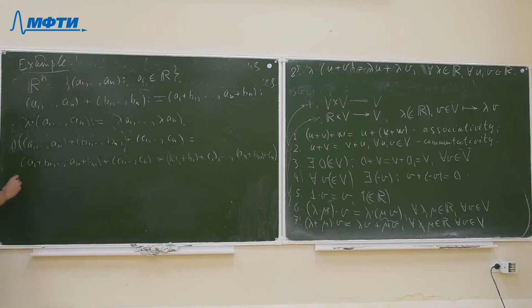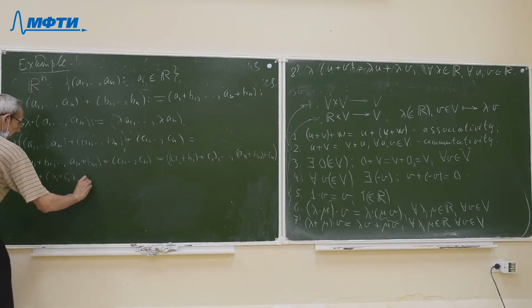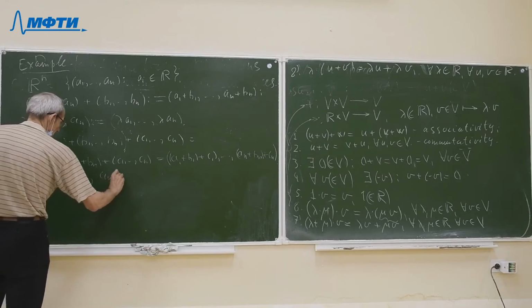And using the associativity of the addition of the real numbers, we obtain that this sum can be rewritten in the following form.